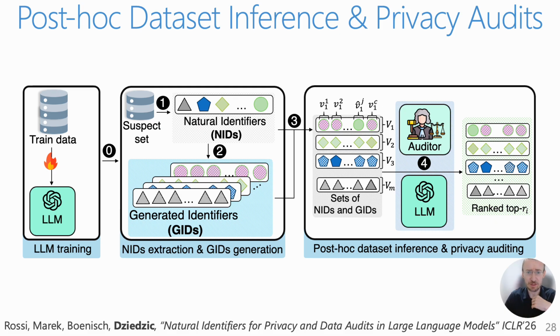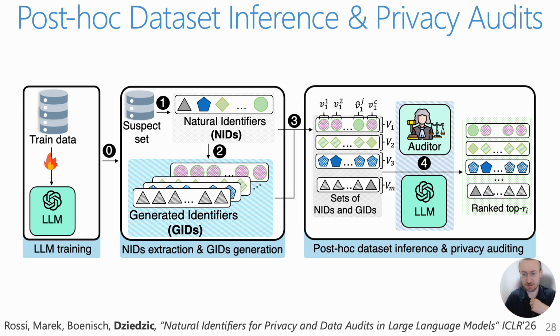So given the resulting trained model and the filtered NIDs with corresponding GIDs, we seek as an auditor to infer, for each set V sub I of all possible identifiers, which sample was the NID. To do so, the auditor ranks the samples in V sub I from the most to the least likely natural identifier, and then the prediction is considered correct if the true natural identifier appears among the top R sub I ranked samples, where R sub I is a predefined threshold.